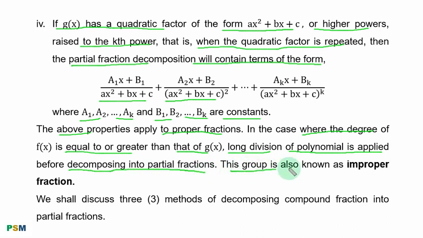This group is also known as improper fraction, when the degree of the numerator is equal to or greater than the degree of the denominator. We shall discuss 3 methods of decomposing compound fraction into partial fractions.